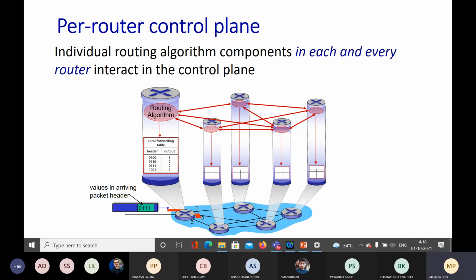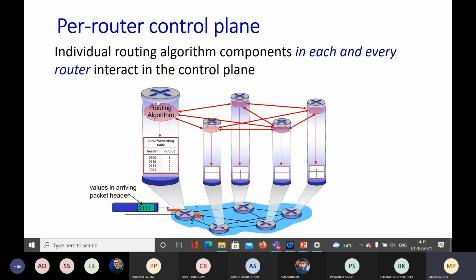Okay. Now, whatever output you are getting from the routing algorithm, that means if you get to know the path, only then you will get to know what should be the output port that a given datagram has to be forwarded to in order to reach its destination. That information is added to the local forwarding table.